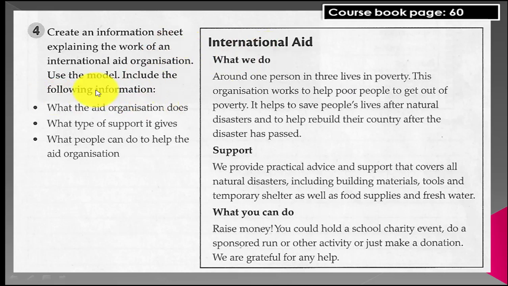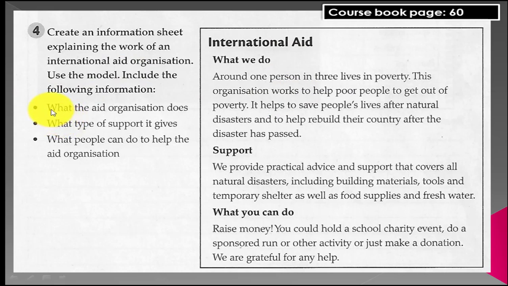Look here, you have the information given on the right. International aid, what we do, support, and what you can do. Here's the kind of support that they could give you, and the activities that you can do or you have to do in order to help the international aid.